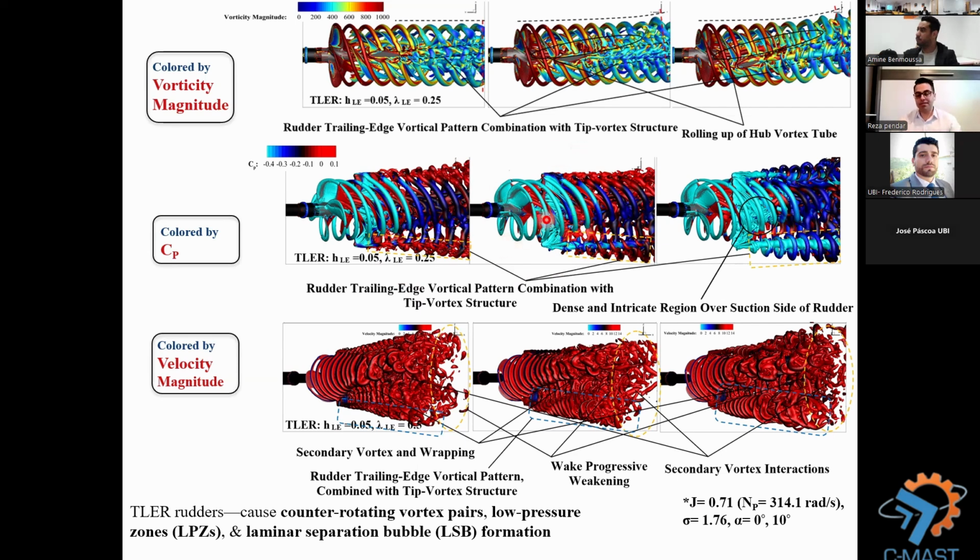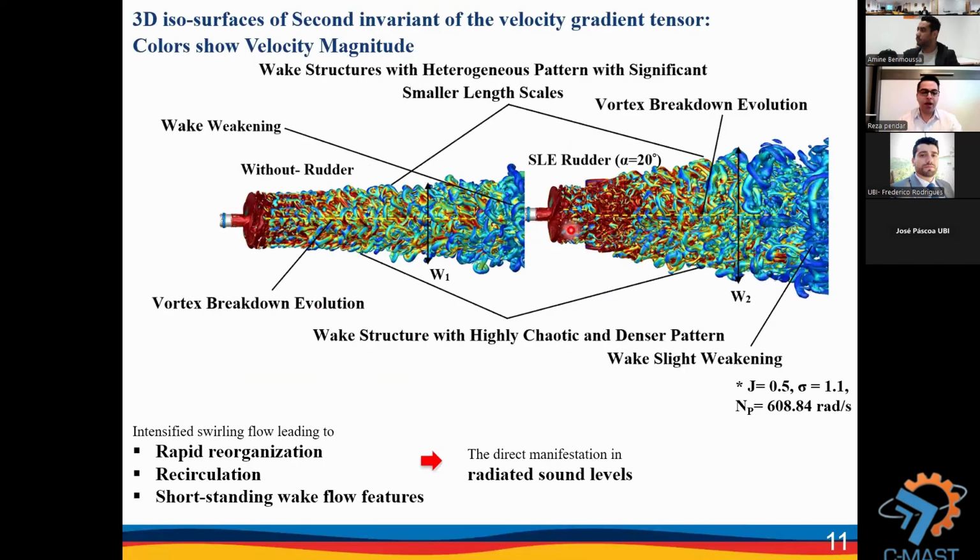and also changing the wake pattern can be used for a new design of rudders, a new generation of rudders. In modeling of a marine vessel propeller, the rotational speed is very high.